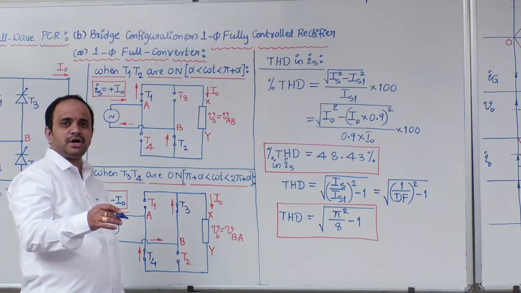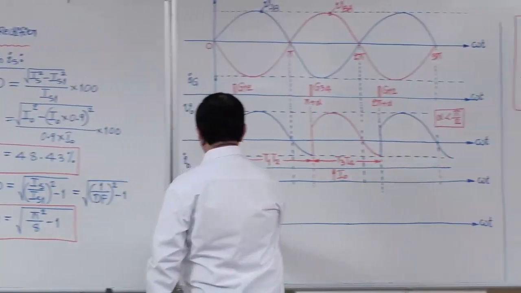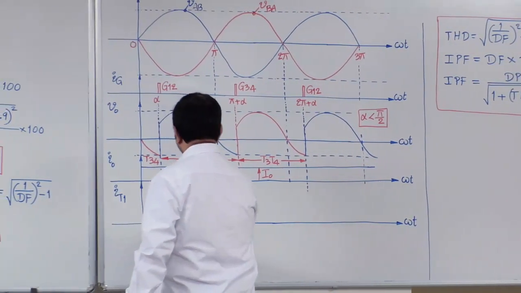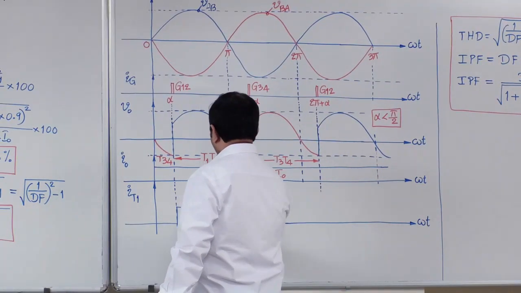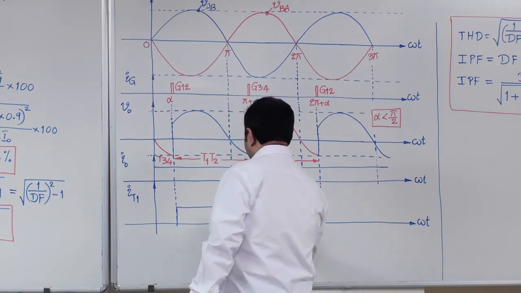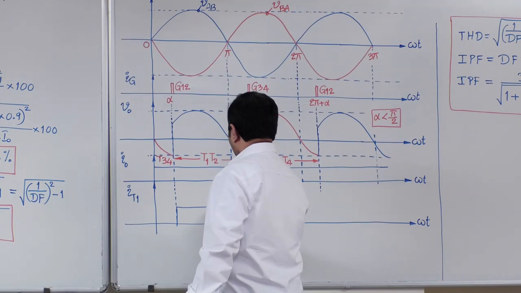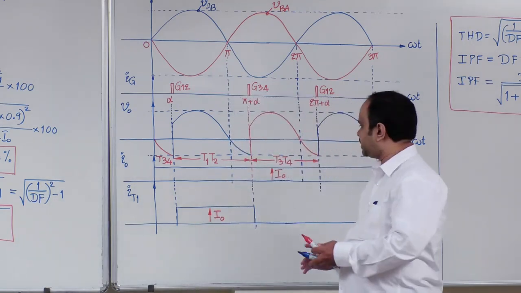Therefore, let us draw the T1 current waveform from alpha to pi plus alpha. The current flowing through the device is I0.